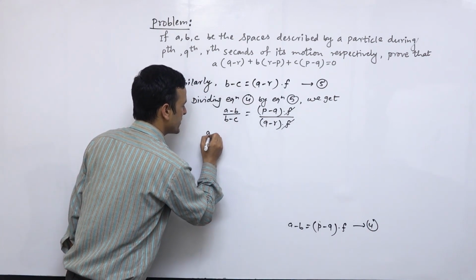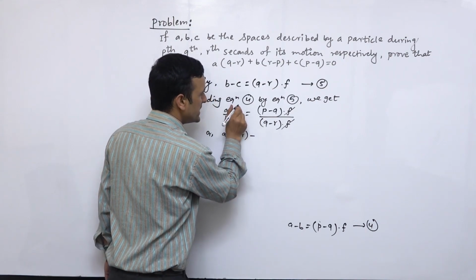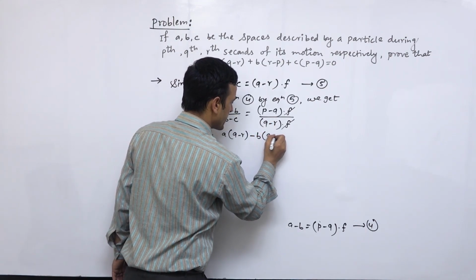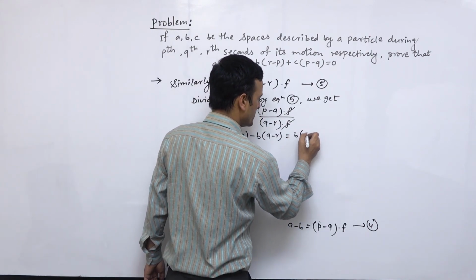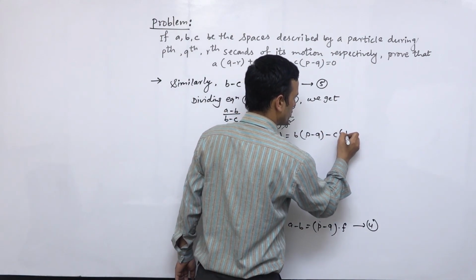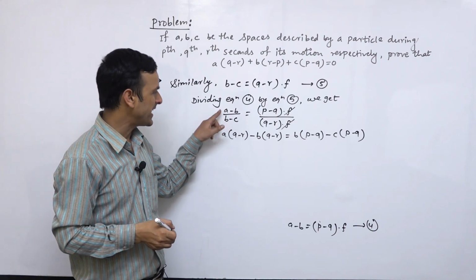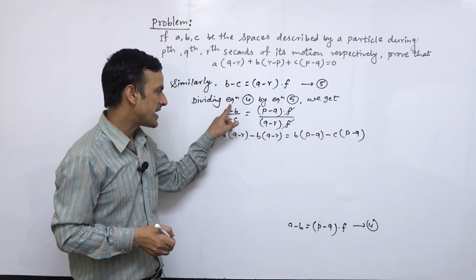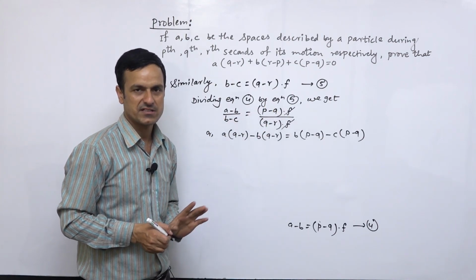After cross multiplying we get a times q minus r, b times q minus r is equal to b times p minus q, c times p minus q. So this is the step obtained from cross multiplying. a times this minus b times this is equal to b times this minus c times this.